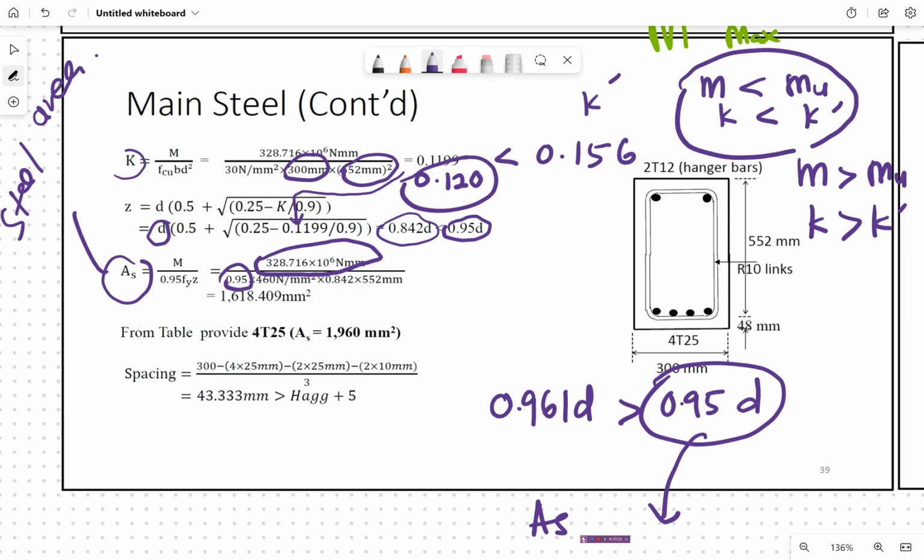You have to remember, because in a later question perhaps they won't give the value of fy, they just state fy is a high yield steel. So you also know fy is 460. When they say the main reinforcement, the main bar is high yield steel, you know it is high tensile or high yield steel, fy 460.